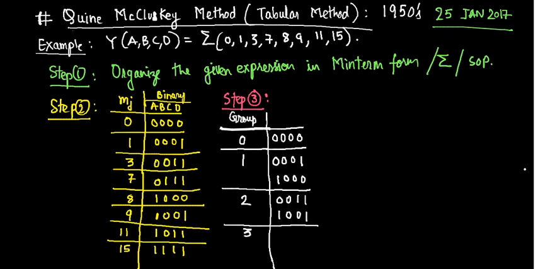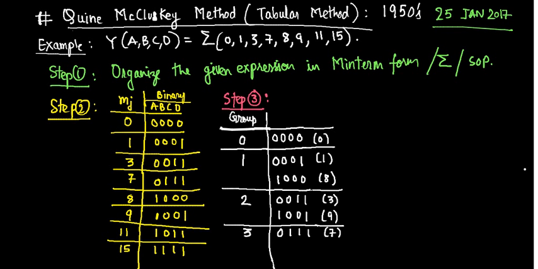Make a group of 3 ones. Number of ones, I said. Okay. 7, 0, 1, 1, 1. So let me write the decimal equivalents also. So this is 0, this is 1, 8. What is this? 3, 9, 7.